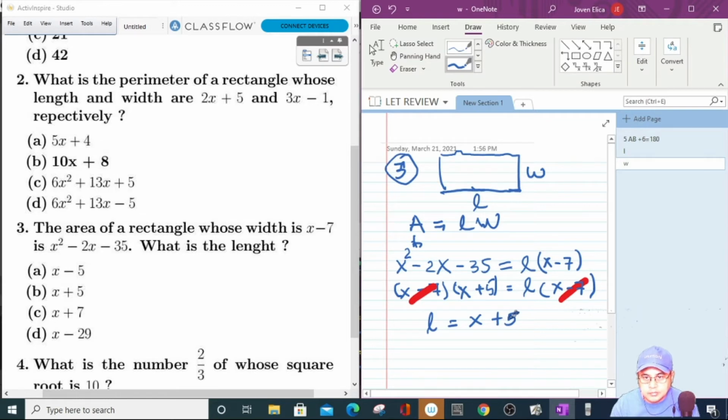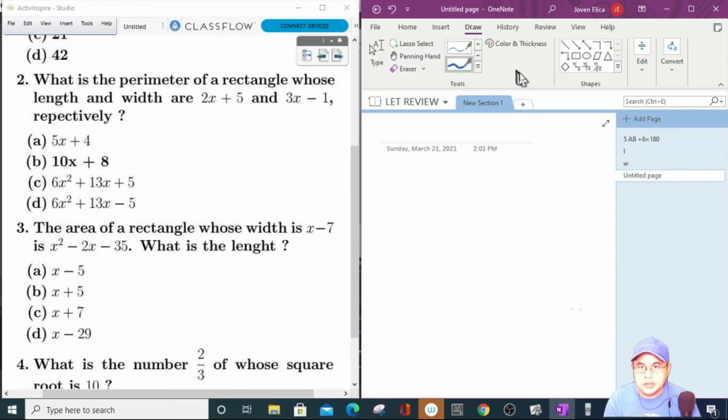This is the length of the rectangle. And the answer is x plus 5. The answer is letter B. Okay, x plus 5. Let's proceed. Number 4.